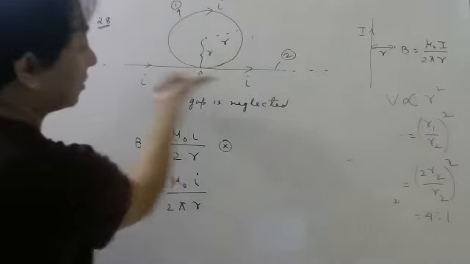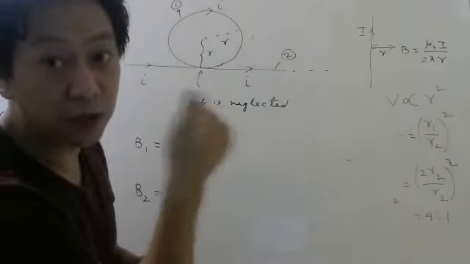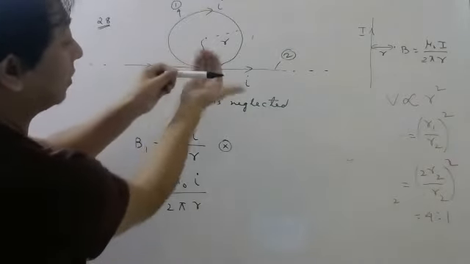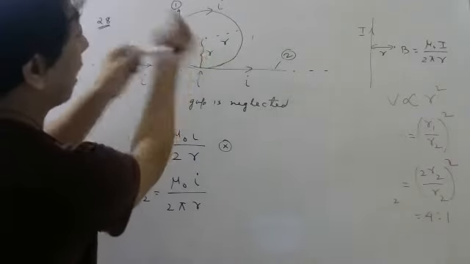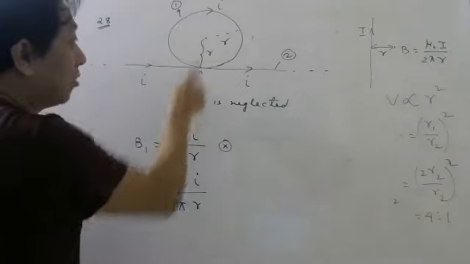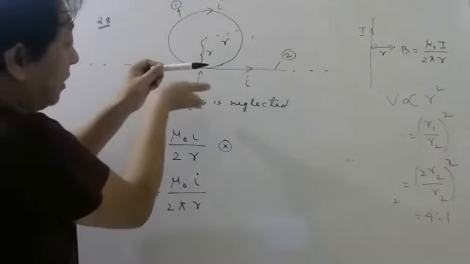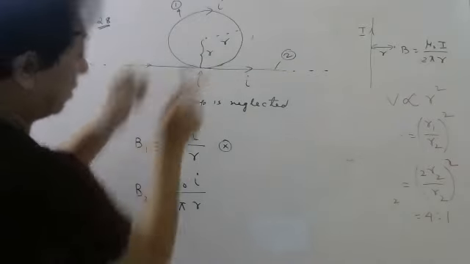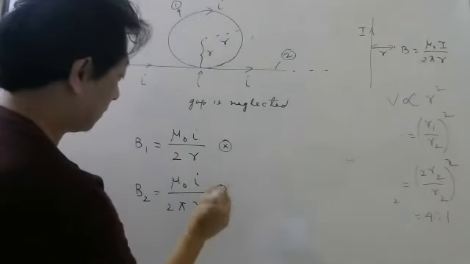Now it is a straight wire, so the thumb should be along the current, and the curls will be the magnetic field. Here it will be inward, but I don't want here; I want here. So put the thumb along the current. It will be out.